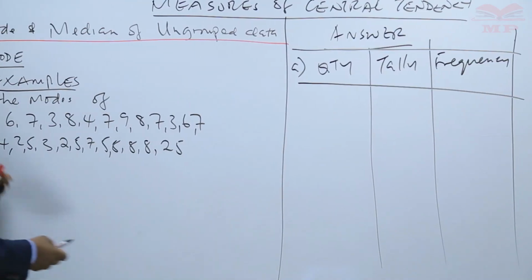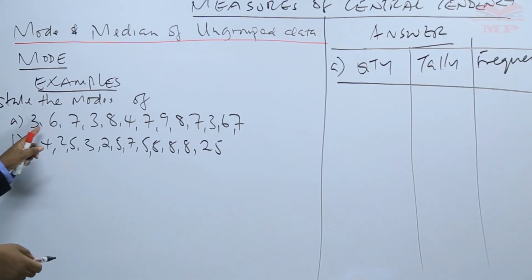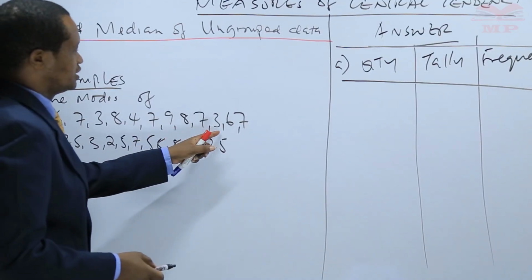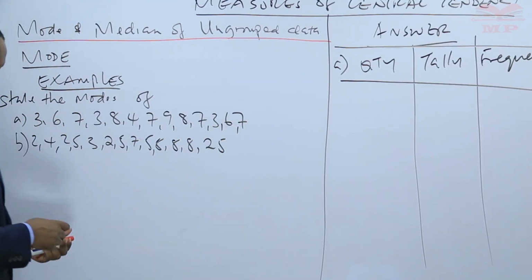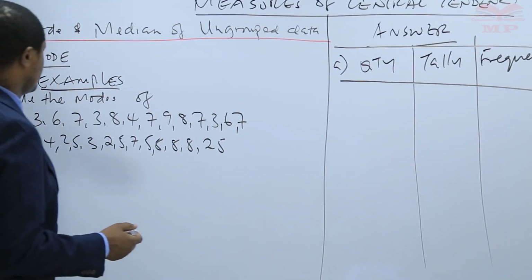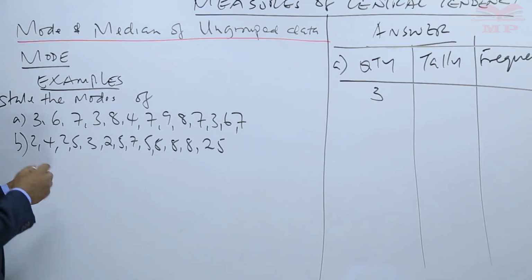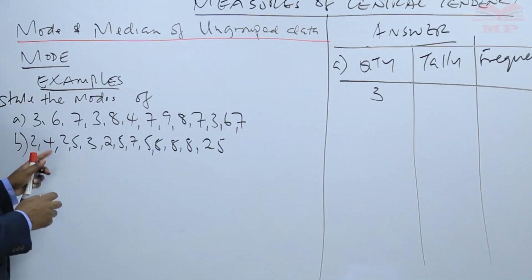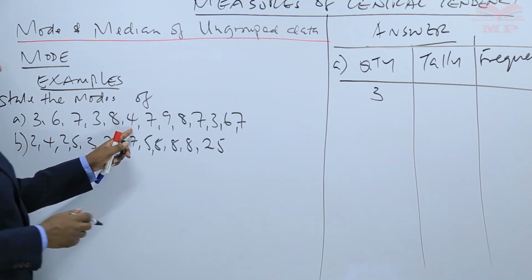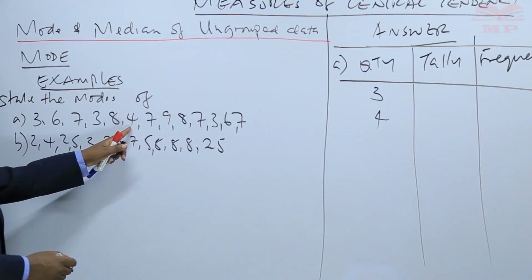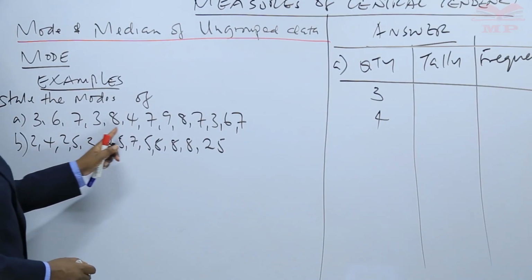So here, learners, in part A we have 3, 6, 7, 3, 8, 4, 7, 9, 8, 7, 3, 6, 7. The values are ranging from 3, the least value, then the next one is 4. Do you have 5?